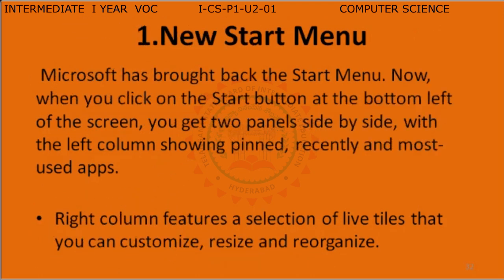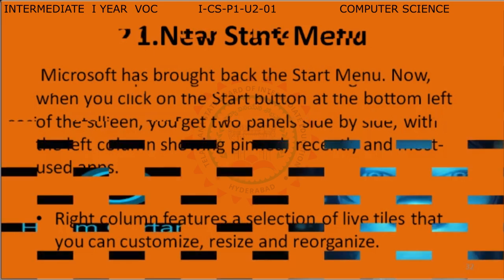Microsoft has brought back the start menu. Now when you click on the start button at the bottom left of the screen, you get two panels side by side, with the left column showing pinned, recently and most used apps. Right column features a selection of live tiles that you can customize, resize and reorganize.